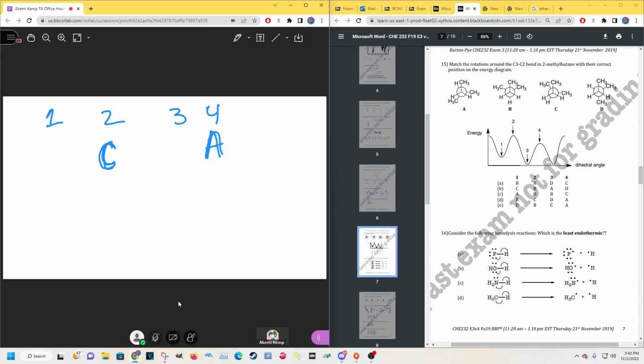Then you have B and D, which are the staggereds. D, even though you have these 2 methyl groups here that are close to each other, you still have one methyl group that is farther apart than the one in B. In B, all the methyls are together. So that's the high energy staggered conformation. So B should fall in 1, and then D is 3.